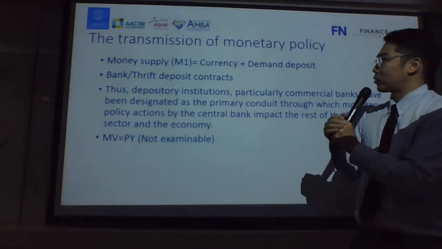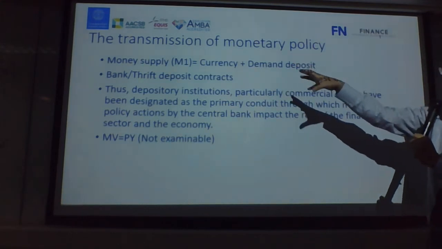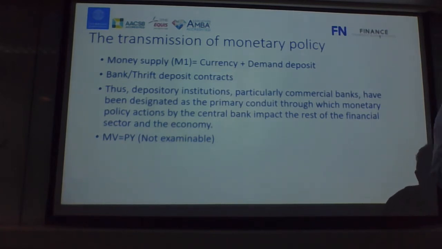When we talk about the transmission mechanisms of monetary policy, we mean the central bank implements the monetary policy and tries to affect the interest rate in the market. Changes in the interest rate will affect the behavior of the lender and the borrower, and this will affect economic activity.